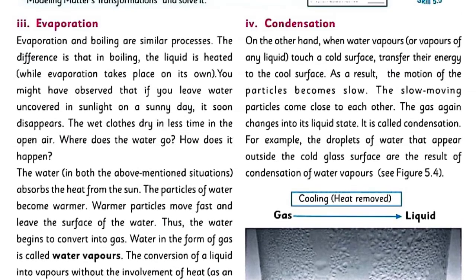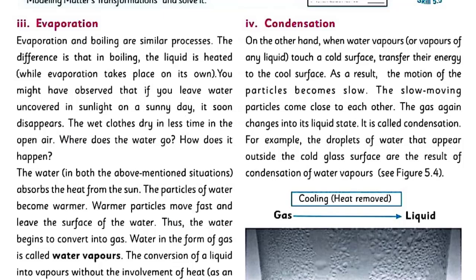Condensation: on the other hand, when water vapors touch a cold surface, they transfer their energy to the cool surface. As a result, the motion of the particles becomes slow. The slow-moving particles come close to each other.